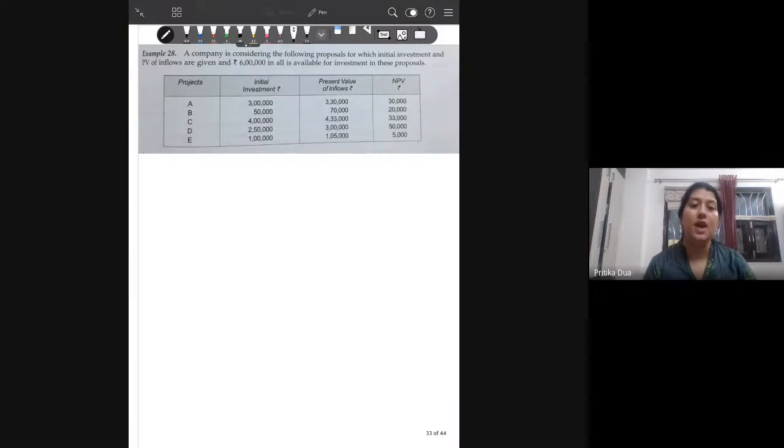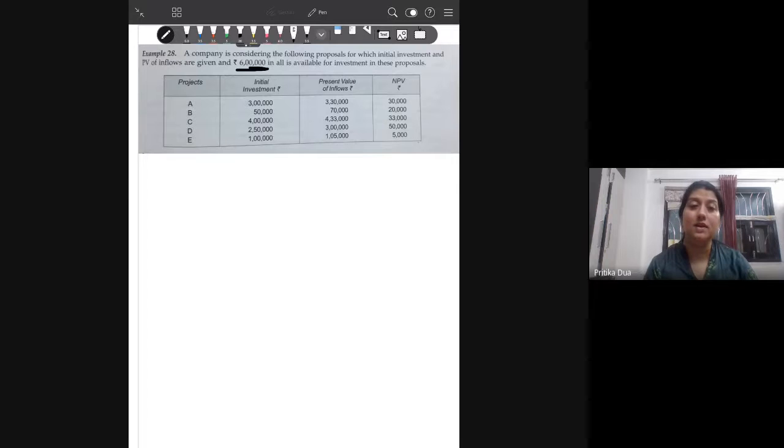So here in the question itself, you're given 5 projects and you're given that the firm has total funds of 6 lakh rupees. Now you are given the initial investment with present value of cash inflows, so this calculation has already been done. You are also given the NPV for all the projects.